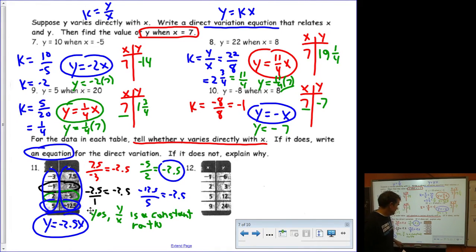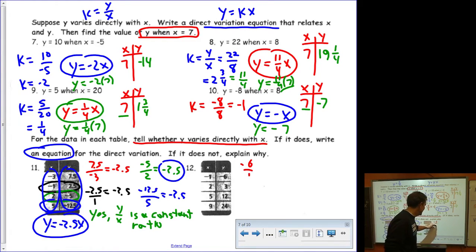Number 12. First, I need to figure out if y varies directly with x. I can check to see if y varies directly with x by seeing if each y over x ratio is constant. I've got -6 over -1. That equals 6.